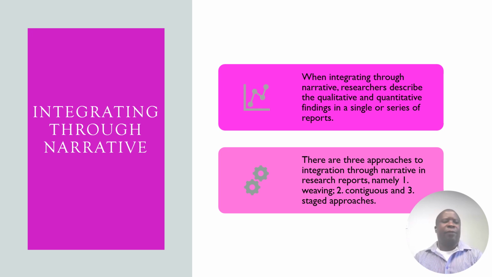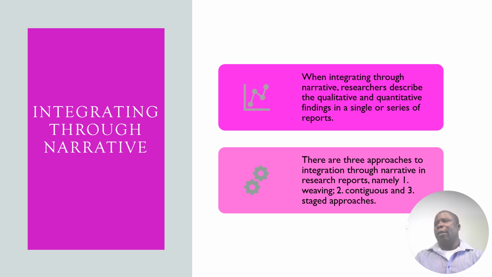Then the third one, which is now the staged approach of narrative. The staged approach normally happens to people that do what we call a multi-stage mixed method study, whereby your study goes into different stages. So as you get your results, you analyze them and publish them. You don't wait for another. For example, if you start with qualitative, you don't wait to get the results for quantitative.